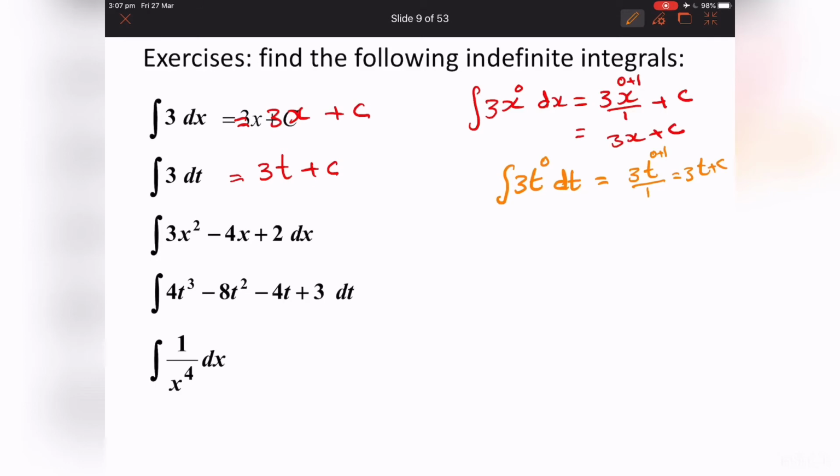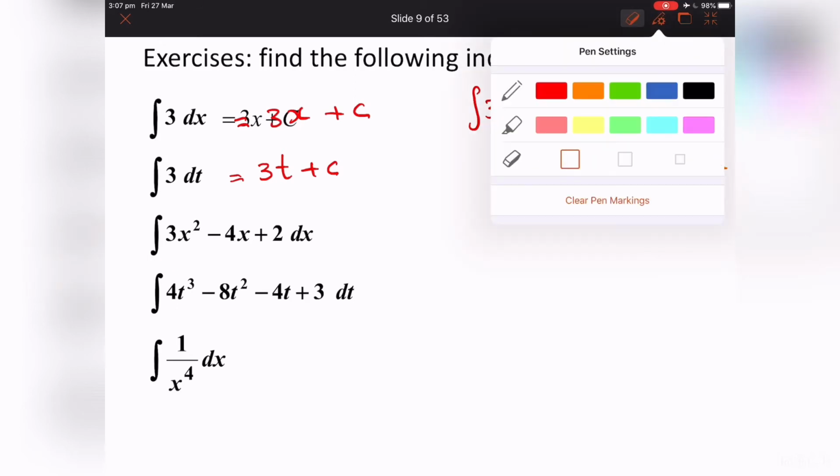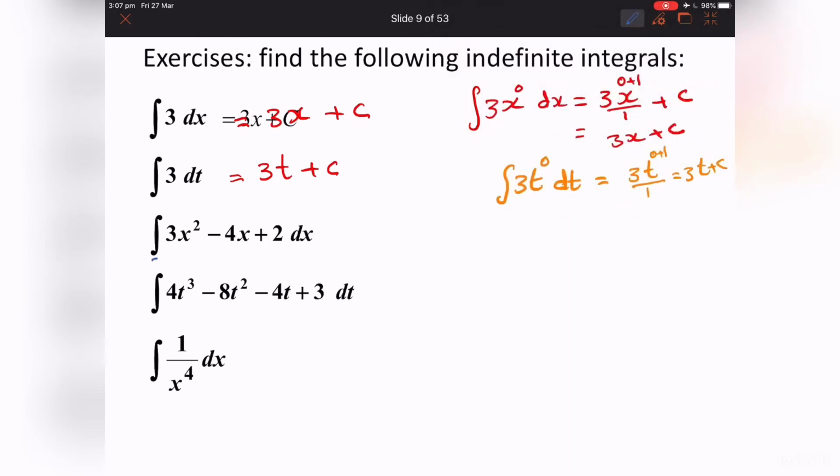Okay, for the next one here, I'll write underneath. We'll add 1 to the power, so this is 3x to the power 3 divided by 3 minus 4x, we'll add 1 to the power, so it becomes x squared divided by 2 plus 2x, plus c.